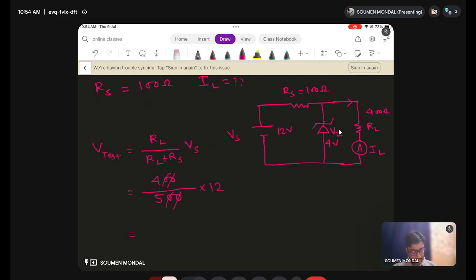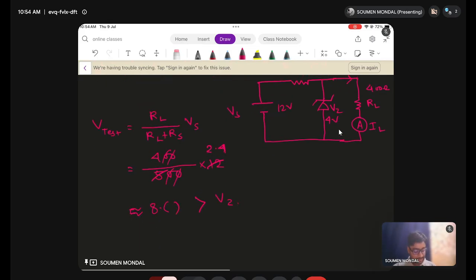I am doing it very approximately. It is going to be 2 point something, 2.4 or something, so it's obviously 8 point something, which is more than the Vz. So obviously the breakdown occurs.